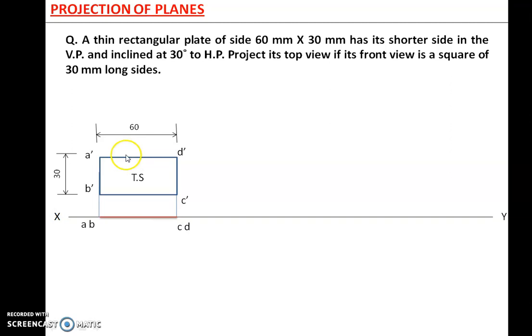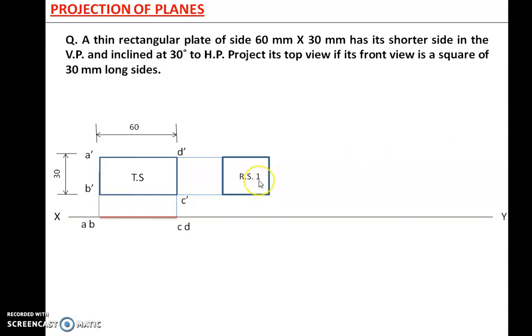So first project A dash, D dash, B dash, C dash towards the sides of the true shape. Then draw a square of 30 mm sides here. So this is a square of 30 by 30, all sides are 30 mm. Give the names.